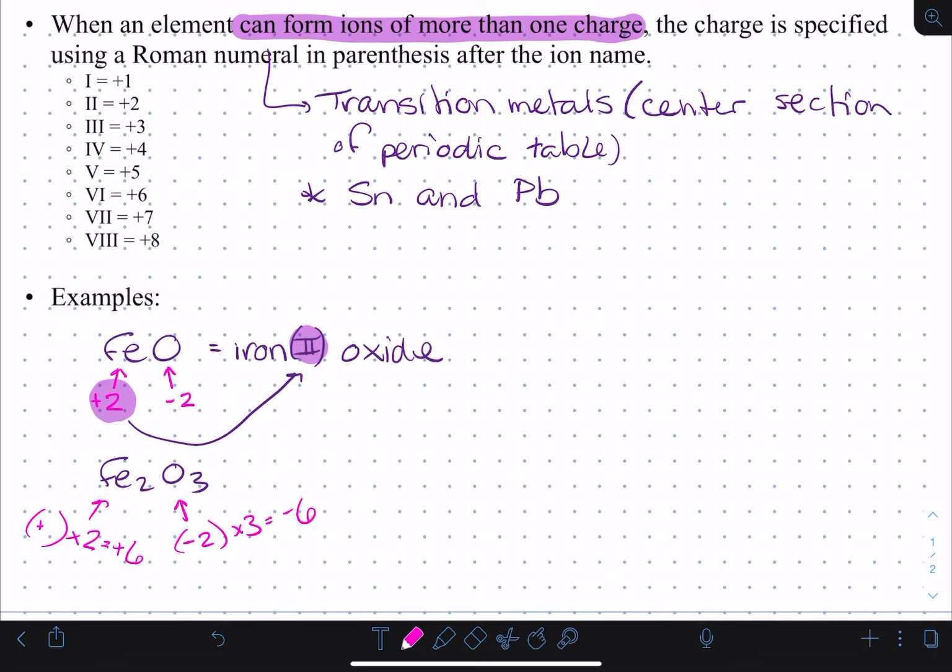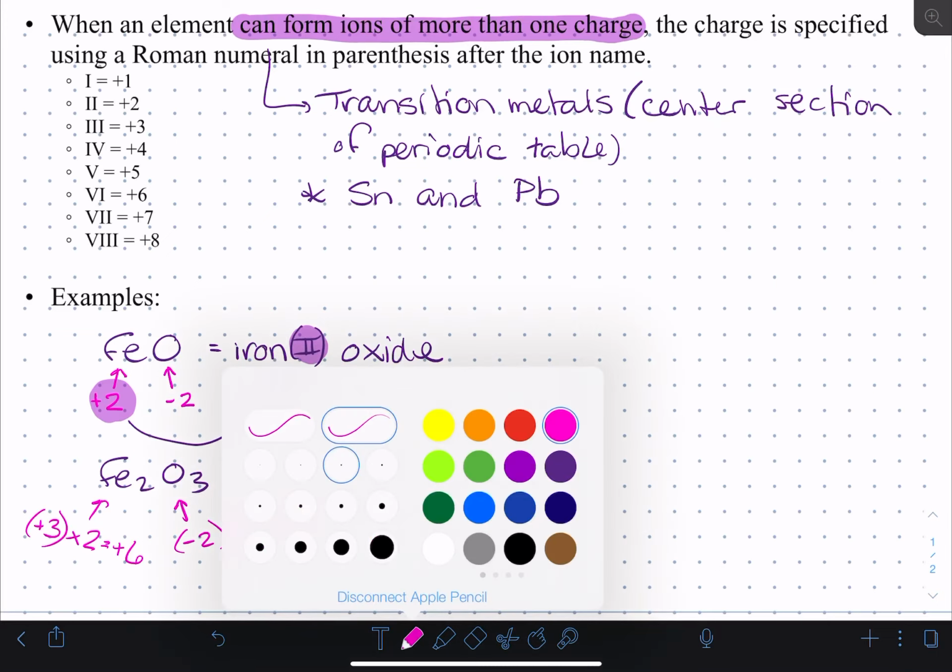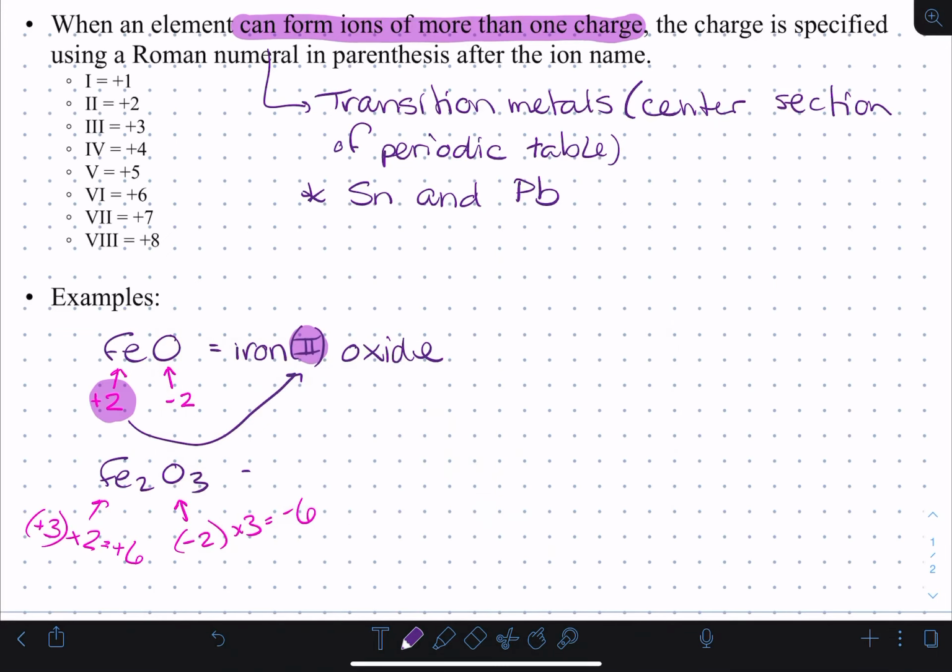So that means that the iron in this situation must be +3 in order for this compound to work. So this one would be iron(III) oxide. So again, we're specifying the charge on our cation using this Roman numeral. And it's only cations that can form multiple charges, so your Roman numeral will only ever need to go after the cation.